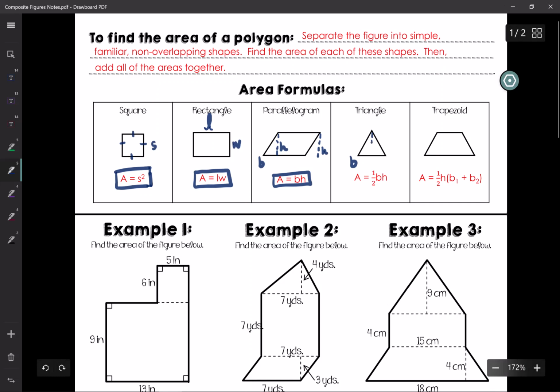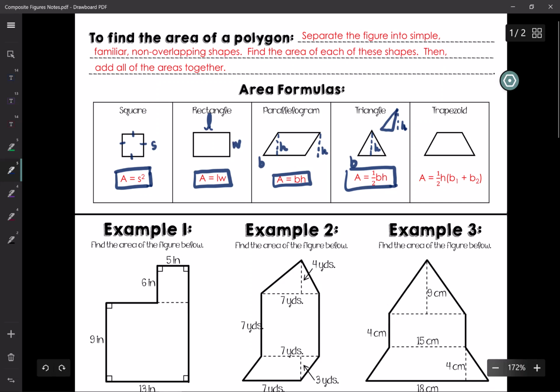And then the height is either the vertical measurement that goes from the top highest point of the triangle to the bottom. Sometimes you might also see triangles labeled with heights like this, where it's on the outside. Okay, but the area of a triangle is just half of a rectangle.